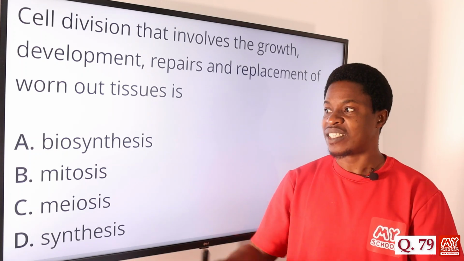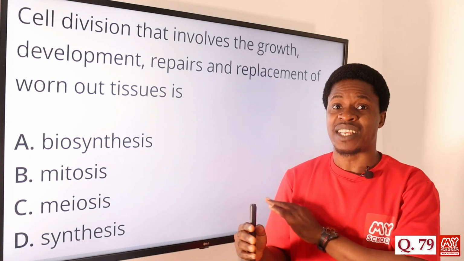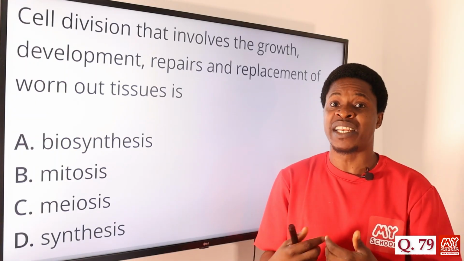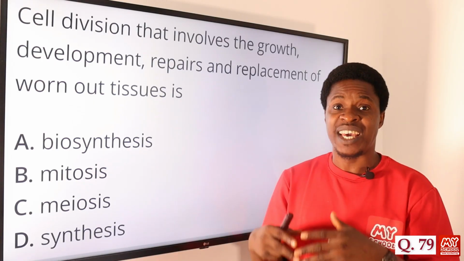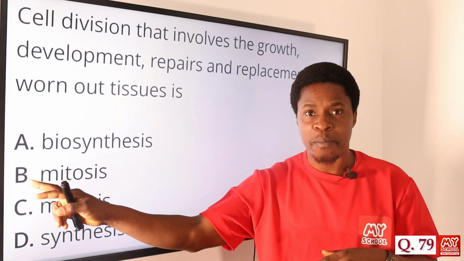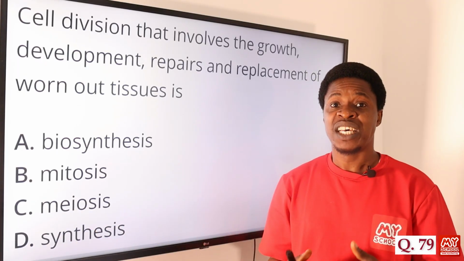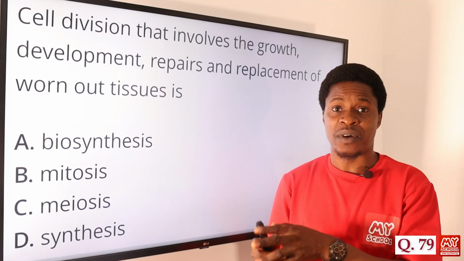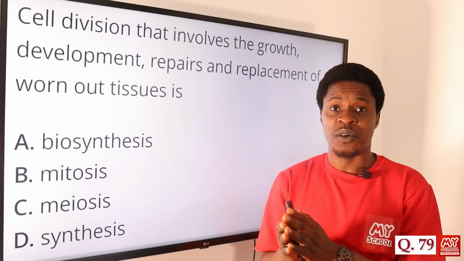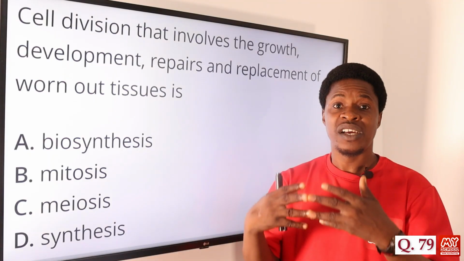So in other words, mitosis is responsible for growth and development of the cells, and the worn-out tissues are replaced and repaired in the process of mitosis. But meiosis is the cell division that involves the production of reproductive cells, whether male or female, that we have in the body, or we call them the sex cell or the gamete.